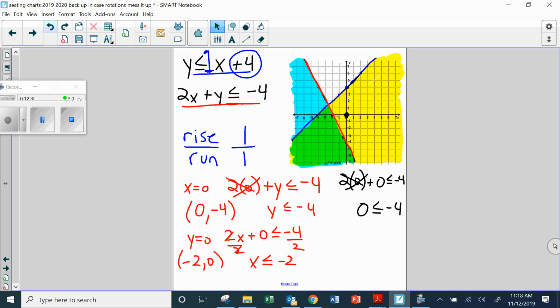You have to create a system of linear inequalities from the graph they gave me. That basically means I'm creating two inequalities, and I know it's two because I can tell they're two lines.